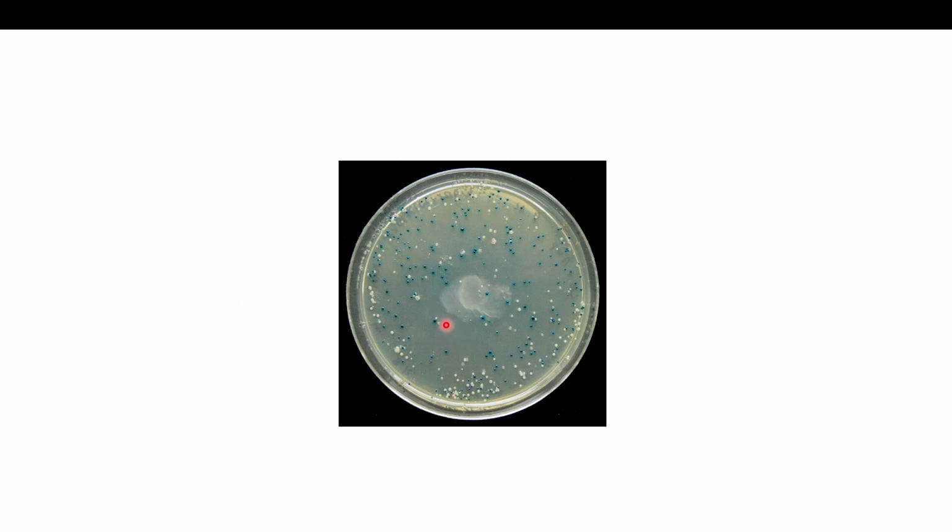Suppose this whole medium that you see, this yellowish part, is the whole food for the bacterial cells. Now this has the X-gal substrate, that color producing substrate we were talking about. Now the cells that have taken up the plasmid with the insert will produce non-functional beta galactosidase enzyme. That non-functional beta galactosidase won't be able to act upon the X-gal present in the medium, thereby producing white colonies.